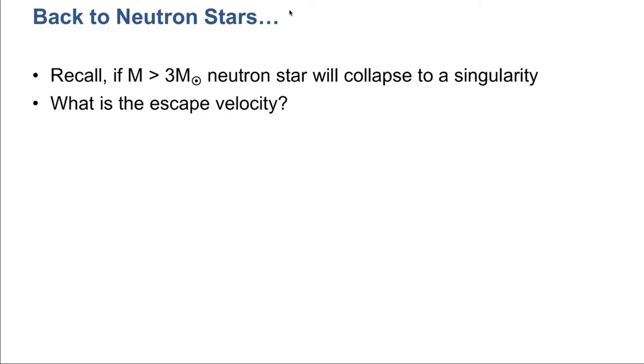In fact, if the mass of the core of that star is more than 3 times the mass of the sun, then neutron degeneracy cannot support it anymore. And once neutron degeneracy cannot support the star anymore, we know of no known forces that can support this star. There's nothing that we know of that can support this object against collapsing in on itself.